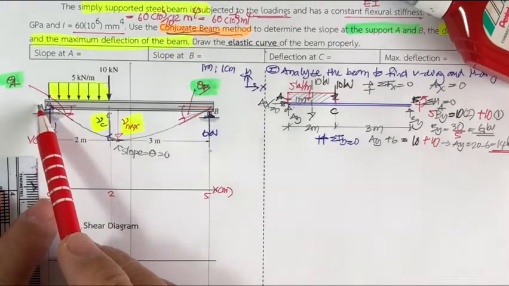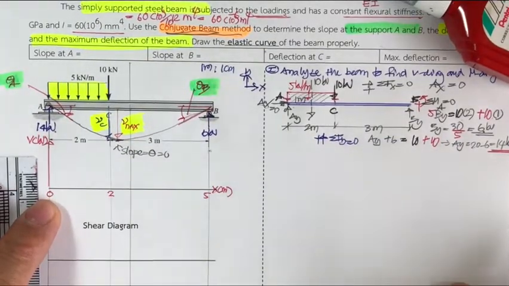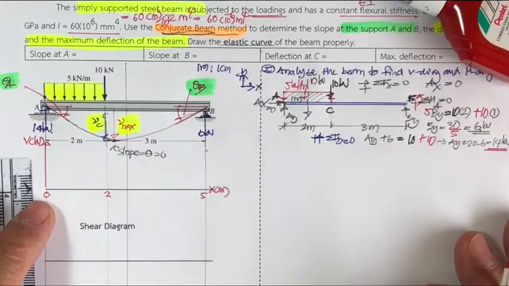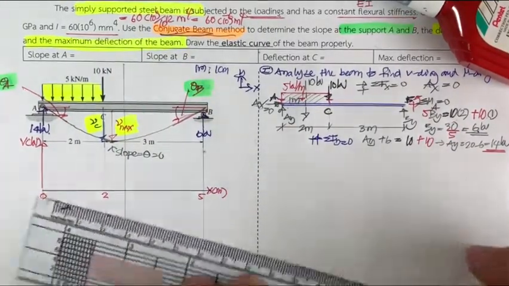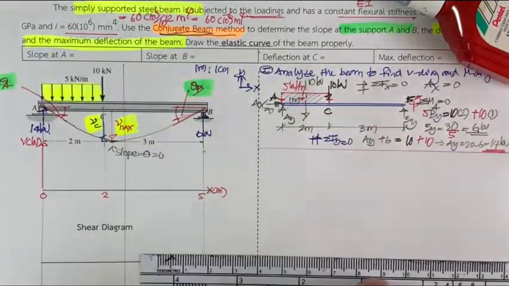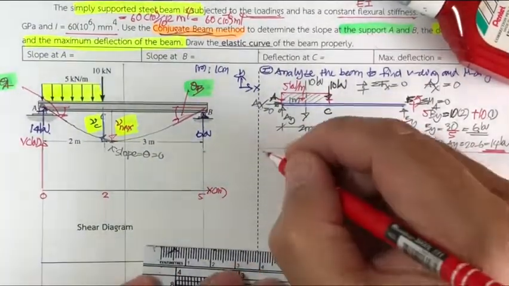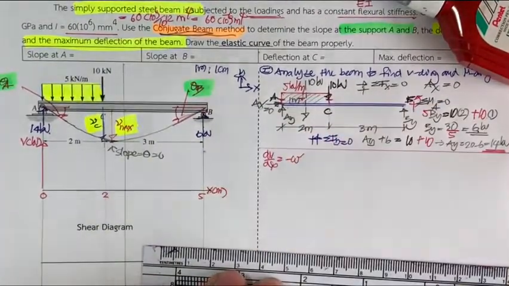And what we have for that is 5 relationships to draw the shear diagram, right? Let me review it a little bit. What we have is, the first one, dV by dx is equal to minus w.